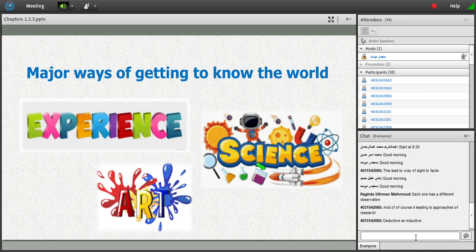By science, we mean we need systematic ways in order to understand what is going on around us. By science, we mean we need some rules, some evidence that can lead to facts, can actually give us understanding of the world that is fixed for different people. And by art, we mean something that touches our heart.